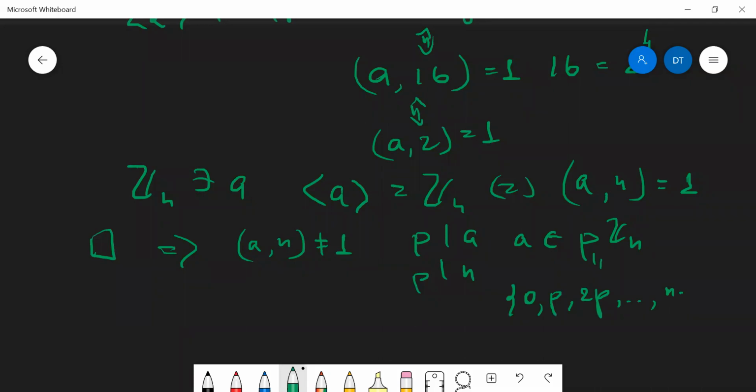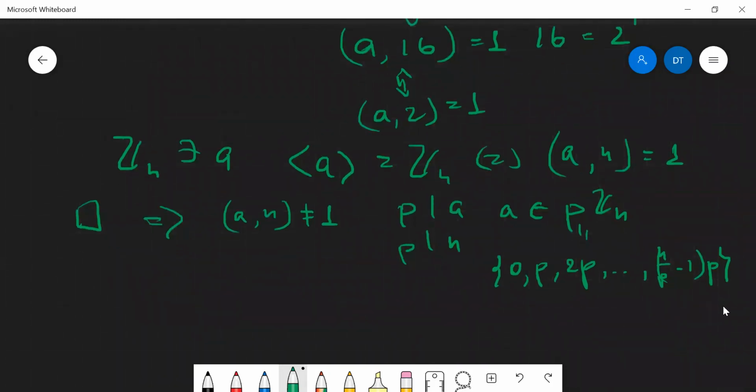Well, here it must be something like N to the P minus 1 P. So since P divides N, this set of elements forms a subgroup here, which is strictly smaller than the whole group.